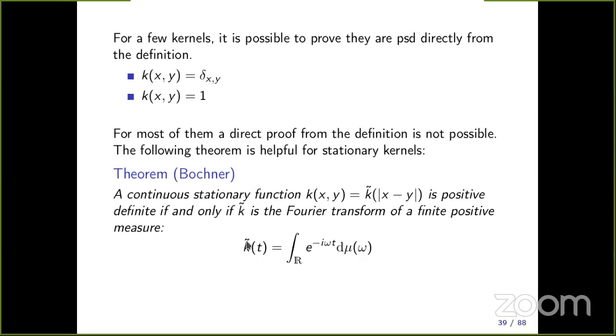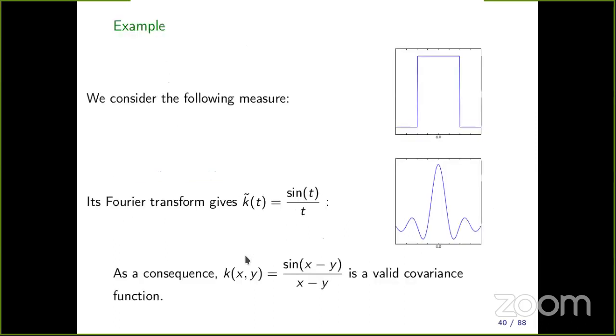So this is very convenient, and we can use that to generate a covariance function or just to check that covariance functions that we are using are positive definite. Here's an example. We consider a measure that is just a step function. If we take the Fourier transform of this, we end up with a sinc function.